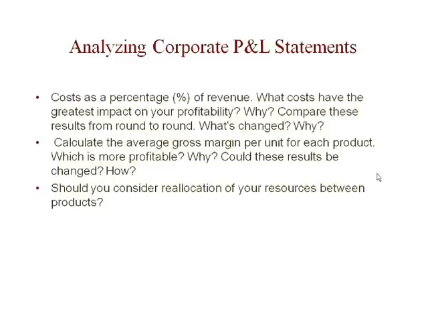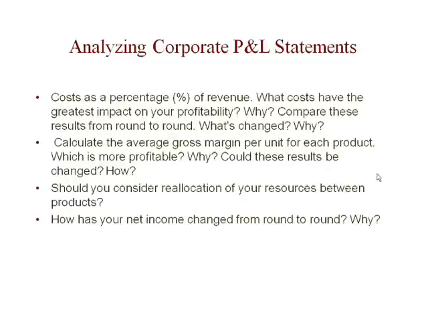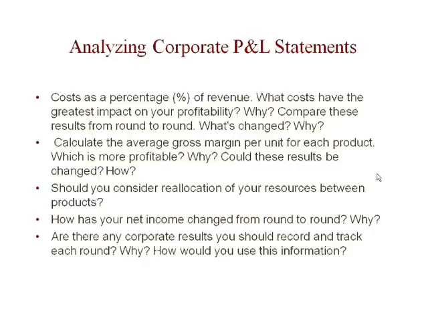Should you consider reallocation of your resources between products? Can you stop selling one product in the middle of your simulation and perhaps do better by doing so? How has your net income changed from round to round? And why is it going in that direction that you notice? Are there any corporate results you should record and track each round?